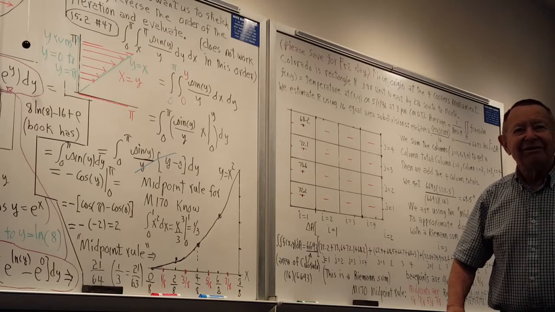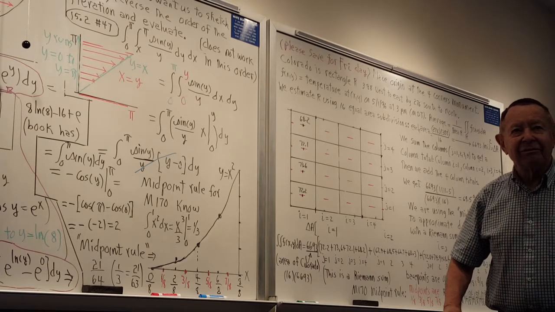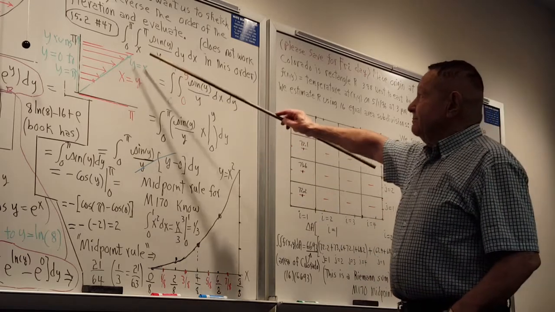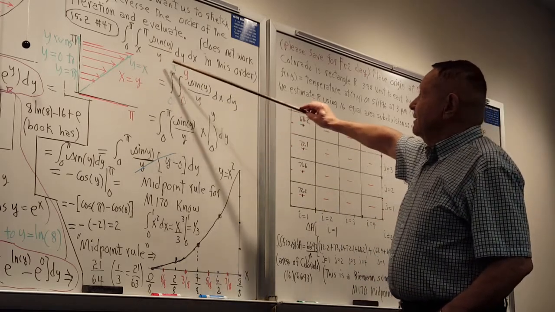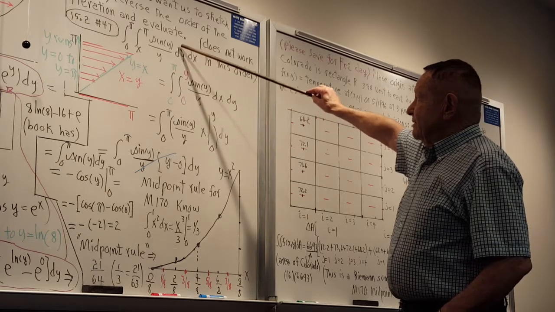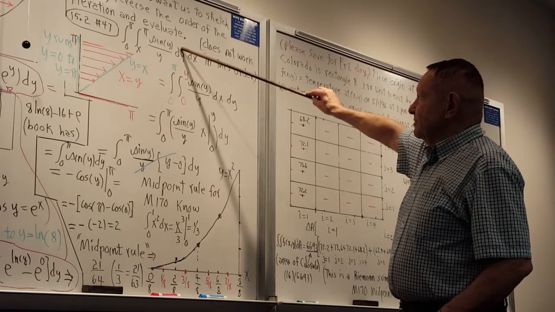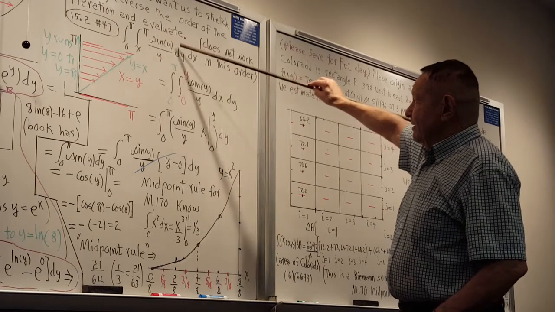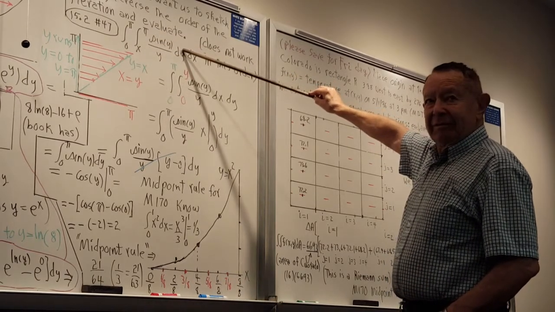How do you know that it would follow that triangular shape if it's y equals x, y equals pi? Well, the order here tells you that these limits, whatever they are, refer to this variable.